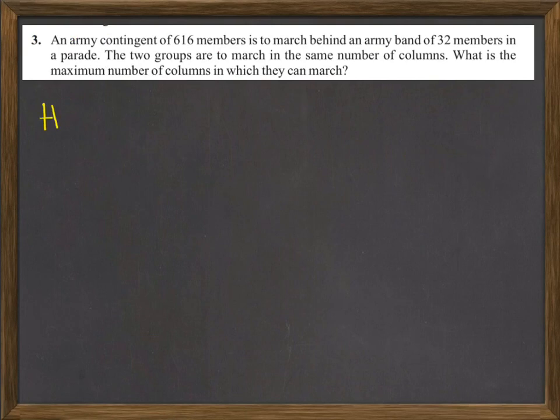Let's try this. An army contingent of 616 members is to march behind an army band of 32 members in a parade. The two groups are to march in the same number of columns. What is the maximum number of columns in which they can march? So in other words, find the HCF of 616 and 32.